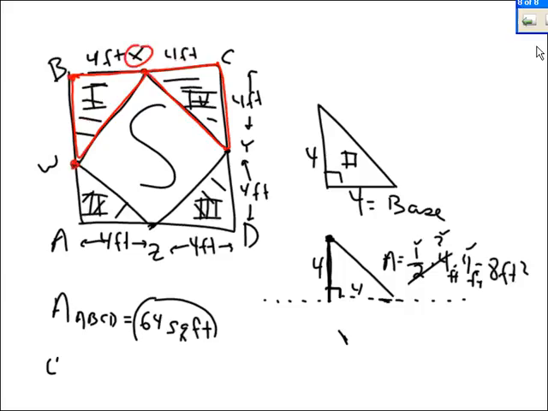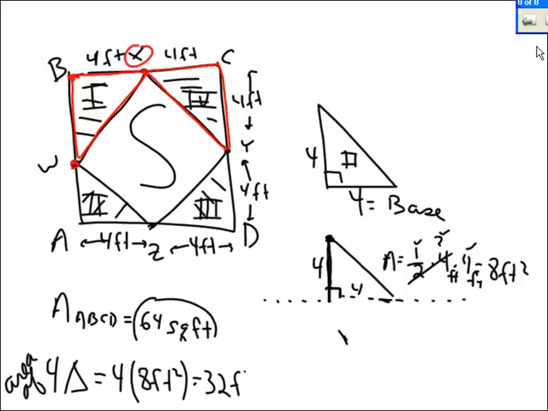So the area of the 4 triangles: the area of each triangle is 8 square feet, so it is 32 square feet. That's the shaded region.